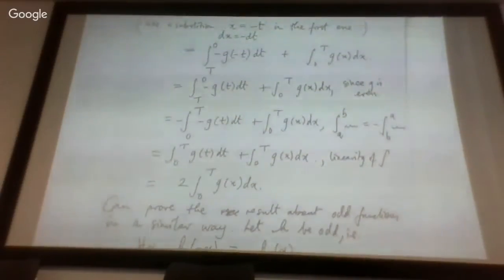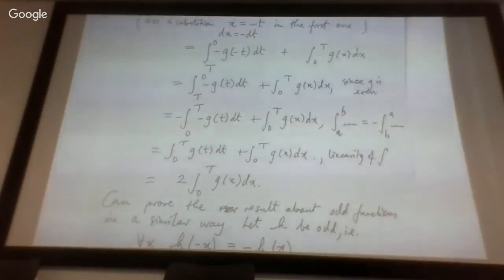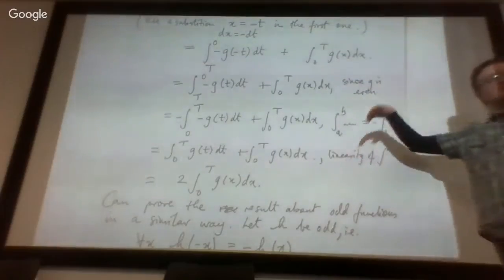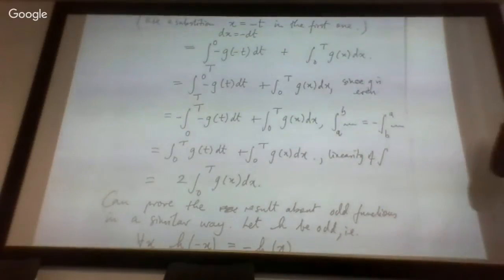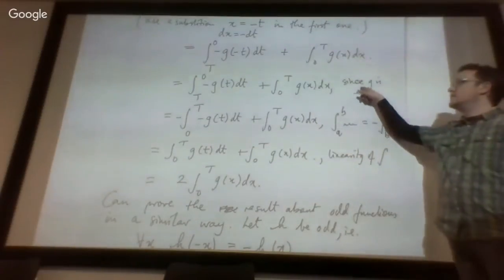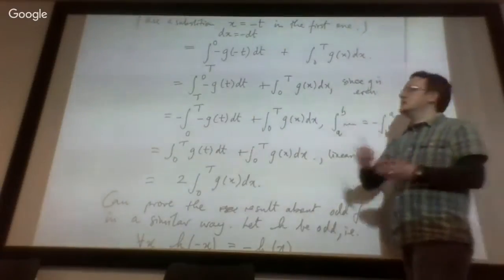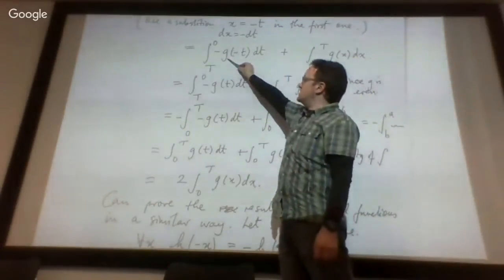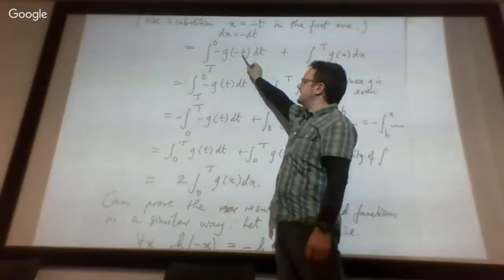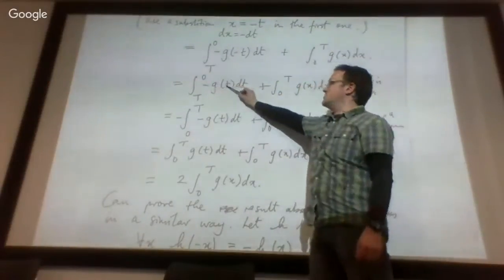Really, it's going to be exactly the same as what I've written here for g. Because what I was doing there with g was just using properties of integration. There's only one place I used the fact that g was even, and that was in this line. There, I moved from g of minus t to g of t.